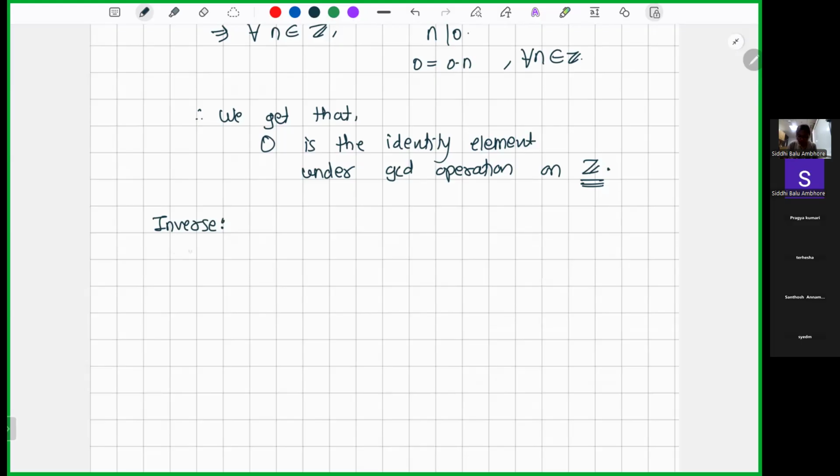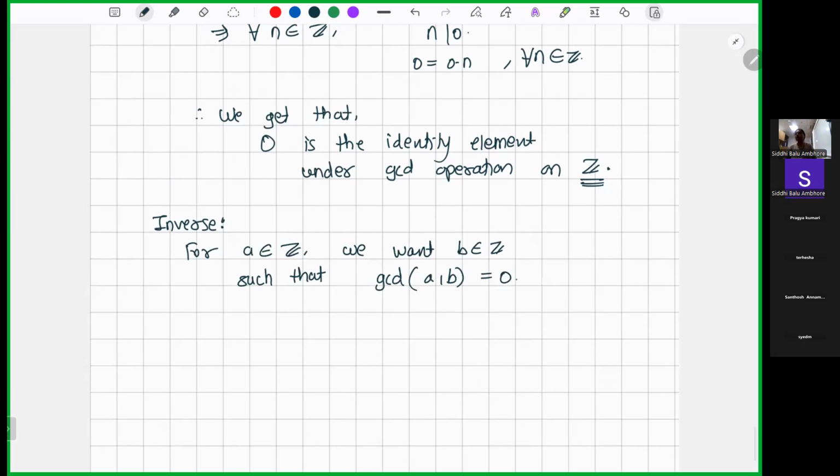So for A in Z, we want B in Z such that GCD of A and B needs to be the identity. So I want this to be 0. So when is that possible?